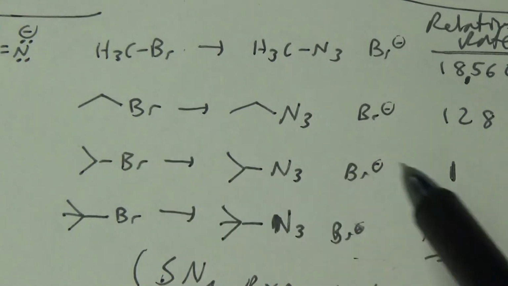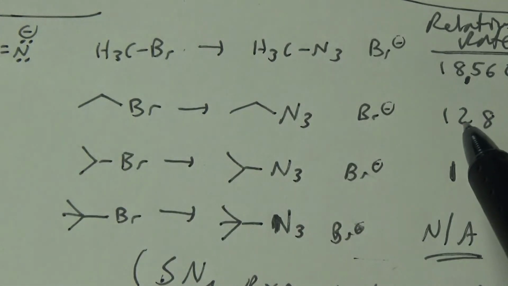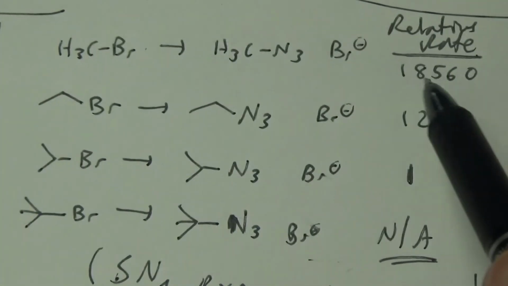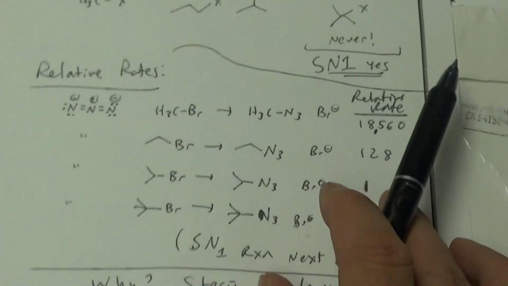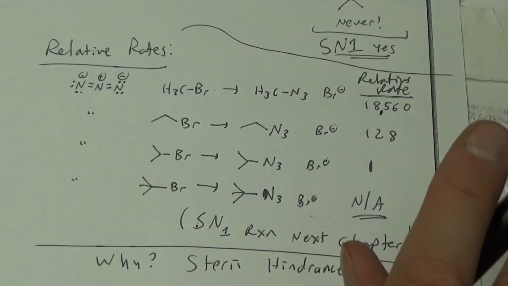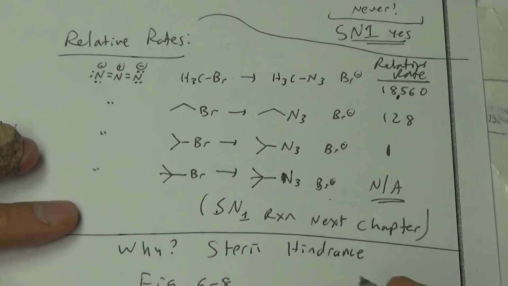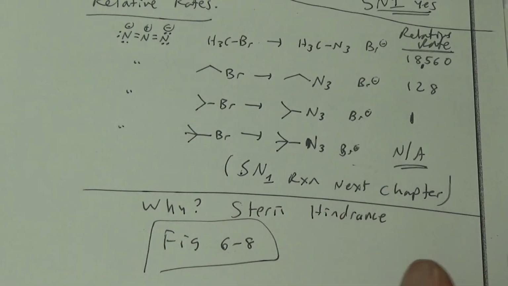And then primary is a little less sterically hindered because you got rid of one of the things, and now it's faster. And then you get rid of that other CH3, and now it's methyl, and it's super fast. Very nice. There's also a figure, I think 6.8 in the book, that talks about this and shows the steric hindrance a little bit.